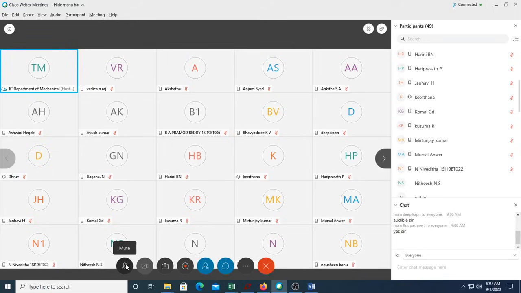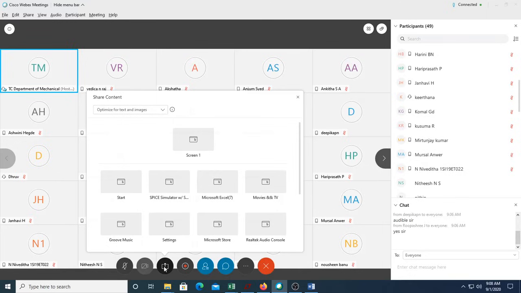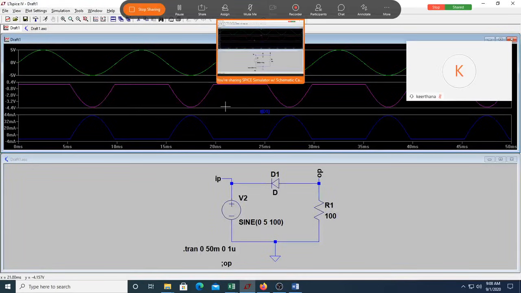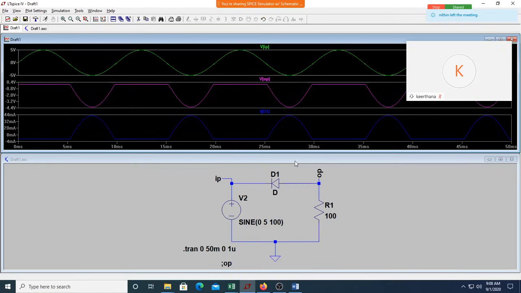Let us clarify all those doubts and try to understand how the system is going to work. Let me share that same LT Spice window. This is the LT Spice simulator. I hope now you are seeing this.